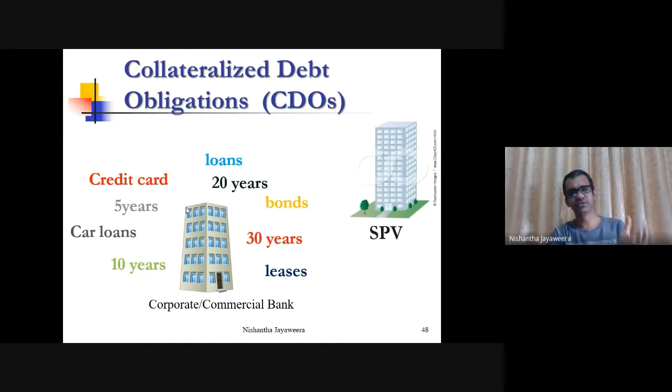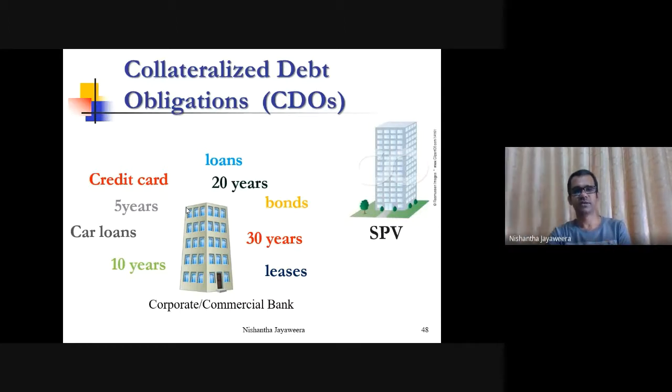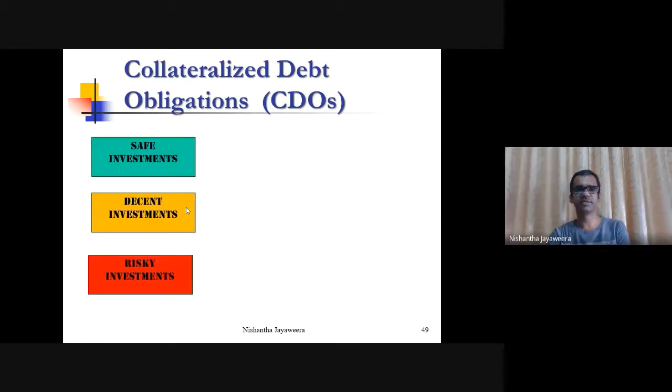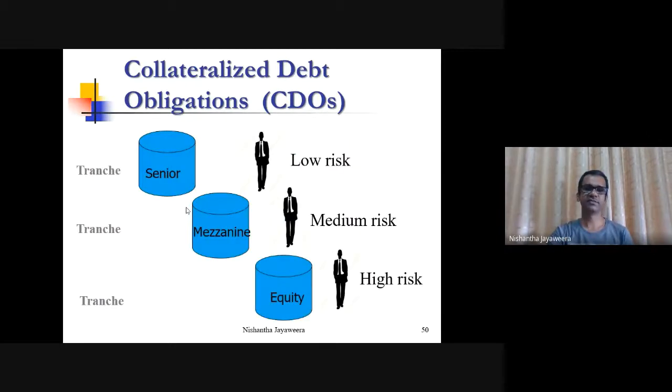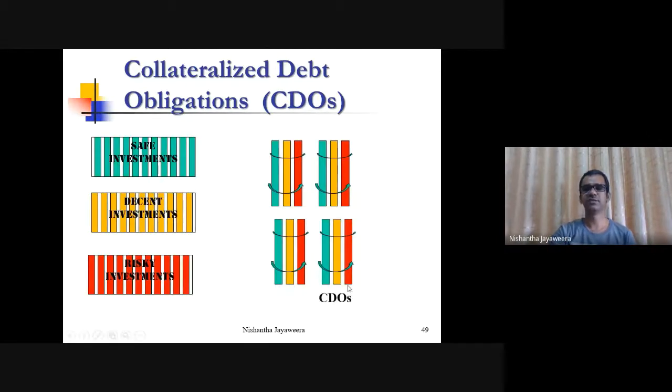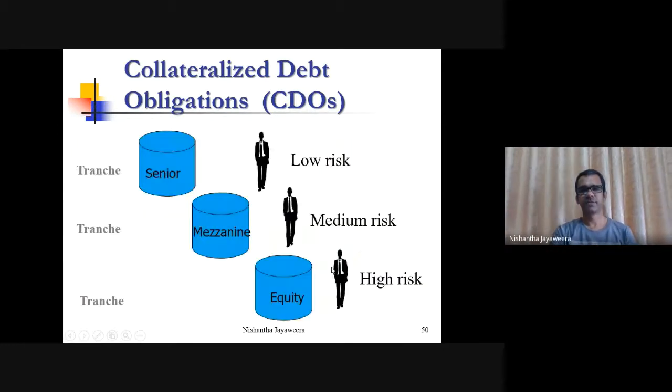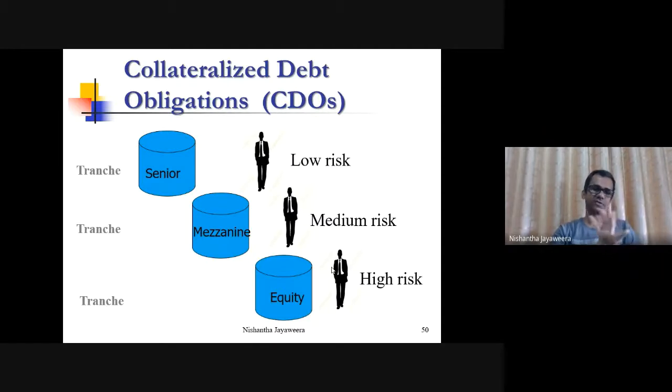Then they use the interest rate flows to pay the coupon and to pay the principal at the end of 30 years by issuing a 30-year CDO. That can be done. So therefore, there can be slight differences from one CDO to another CDO.